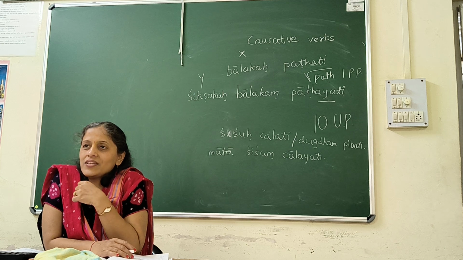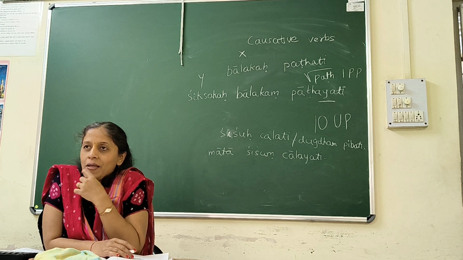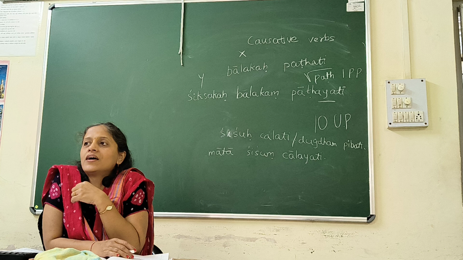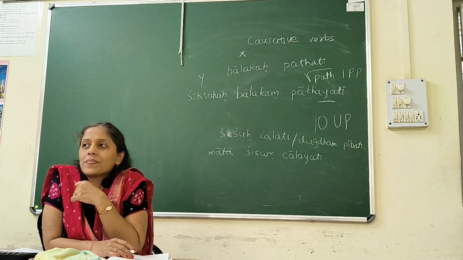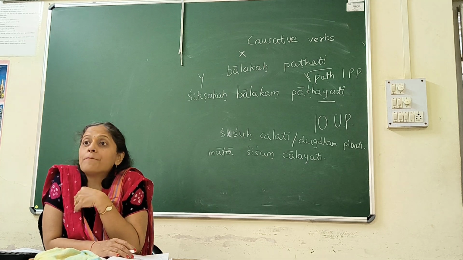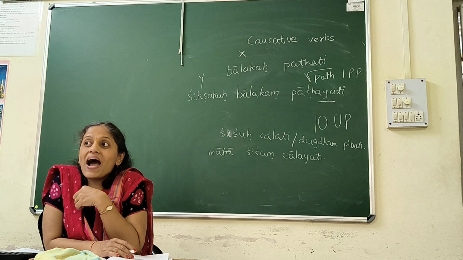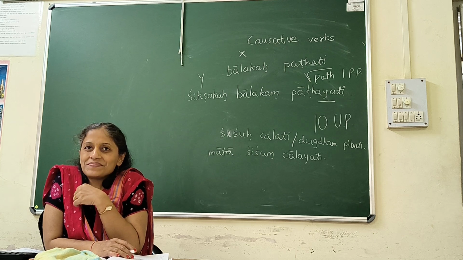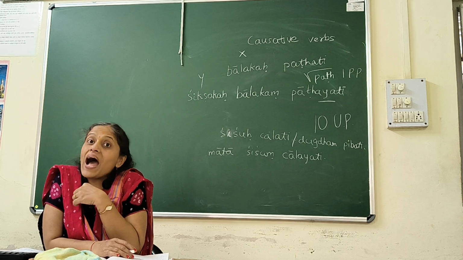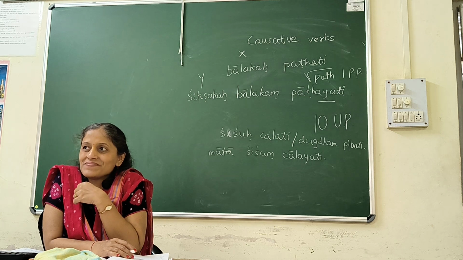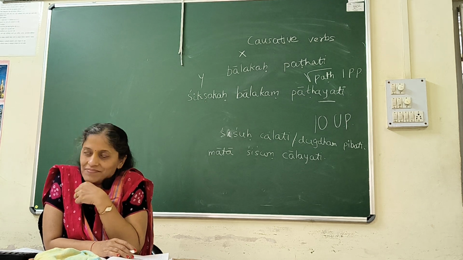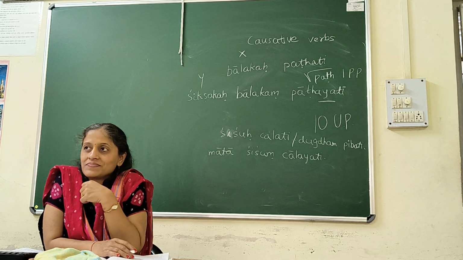So then what do I need to do? Mata Shishum dugdham payayati. Pa is the root verb. Pa, piba. So payayati.